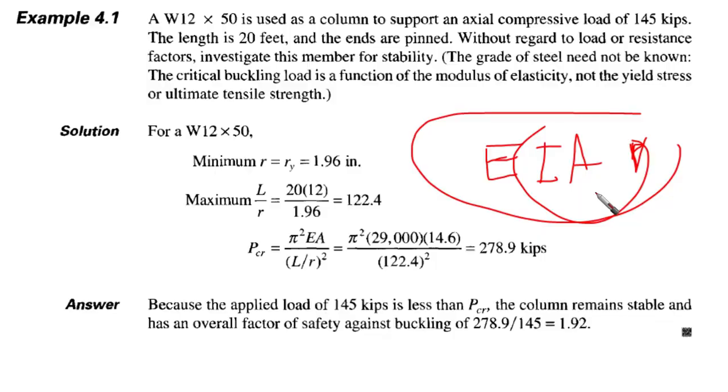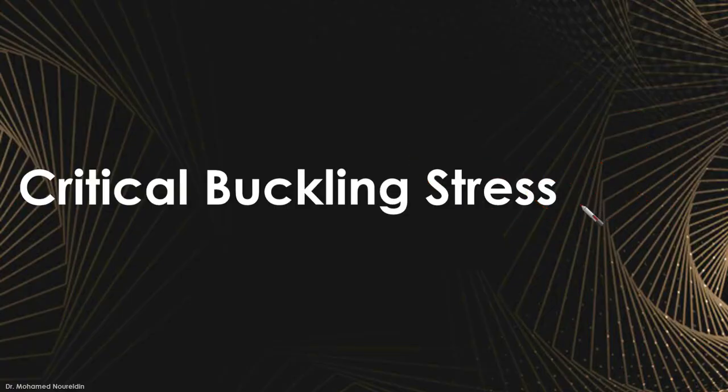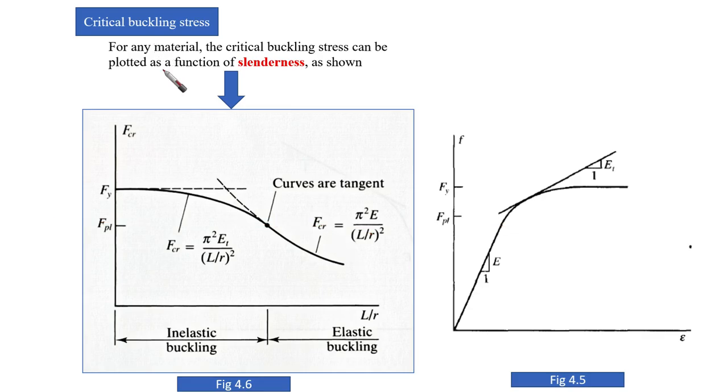Now let's go to the next topic, which is talking more about the critical buckling stress. If we are going to understand it, we need to understand a behavior, a relation between F_cr, the critical buckling stress, and L over r, which is the slenderness ratio that we have explained before.